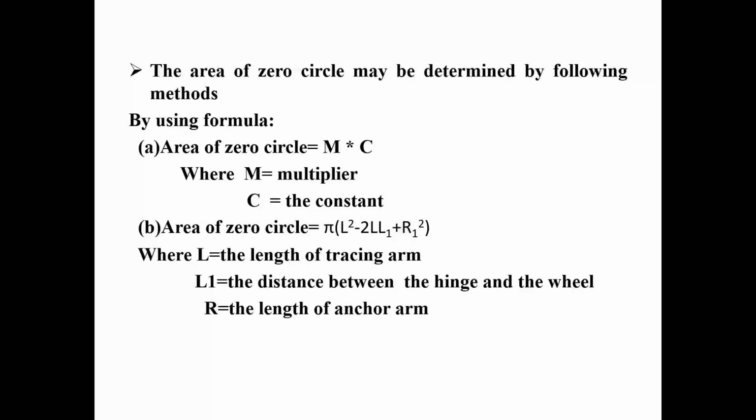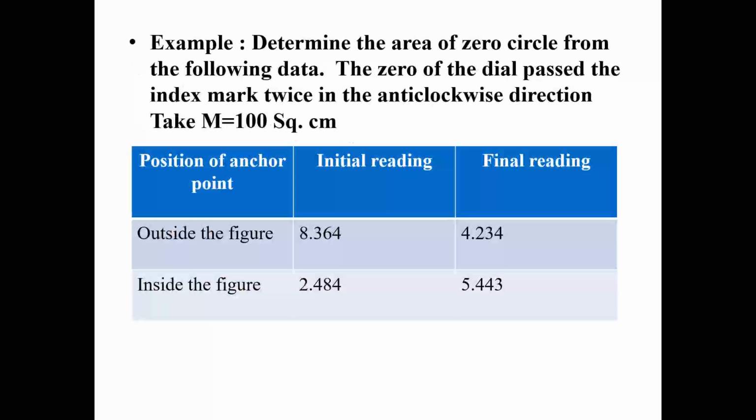The second, the area of a zero circle is equal to pi into L square minus 2 L L1 plus R1 square. L is the length of the tracing arm, L1 is the distance between the hinge and the rail, and R is the length of the anchor arm. Using these two formulas, we will find the area of a zero circle.